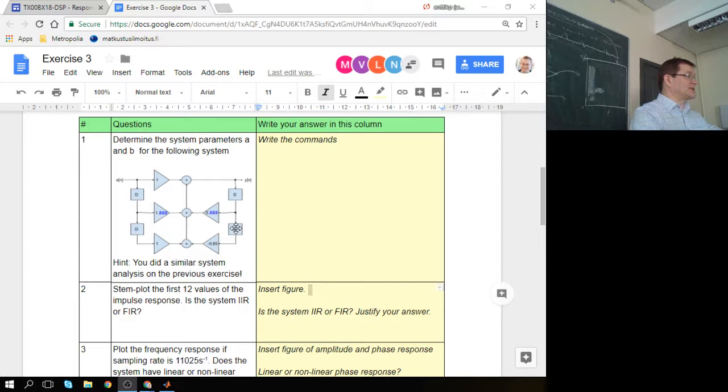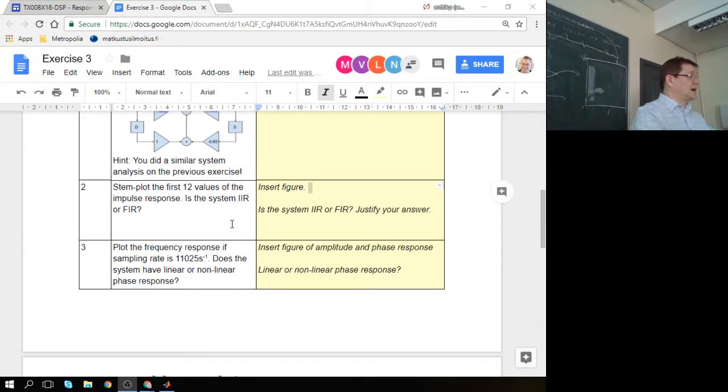Determine the system parameters A and B from the following system. Then the first values of the impulse response to figure out if this is an IIR or FIR system. IIR is simply infinite impulse response, nothing more. FIR is finite impulse response, finite meaning it ends at some point and it's totally zero after that.